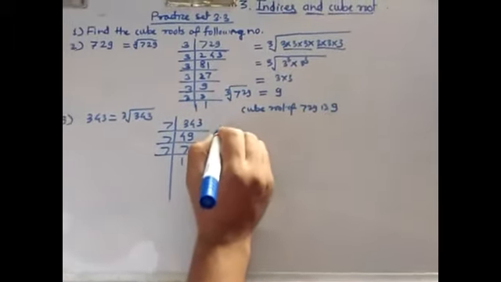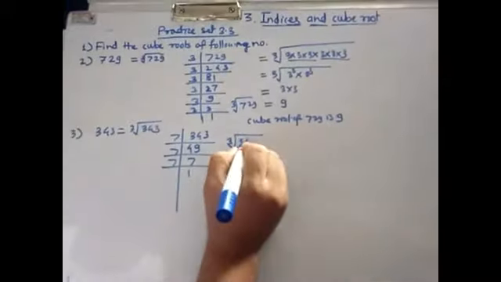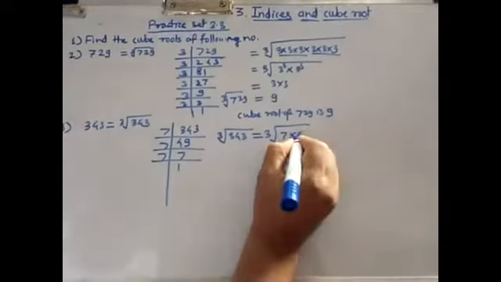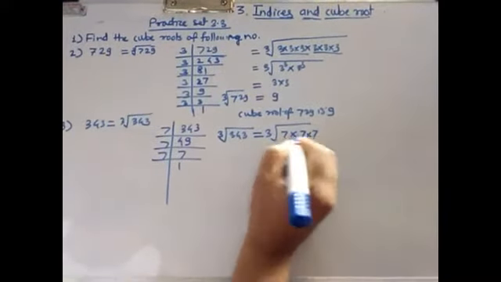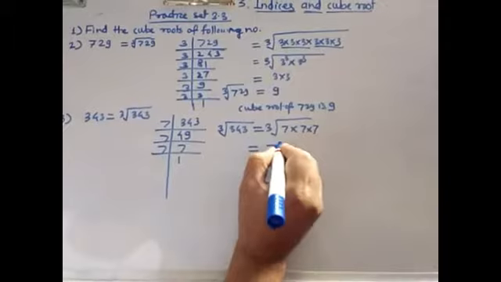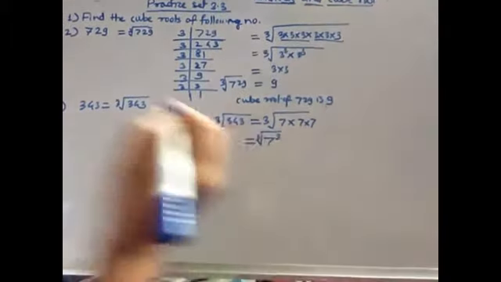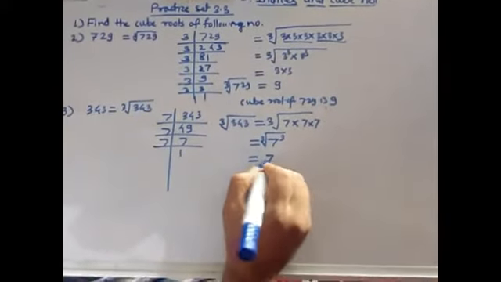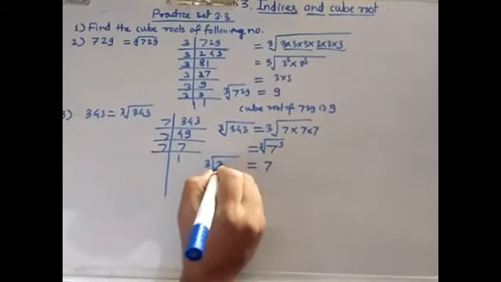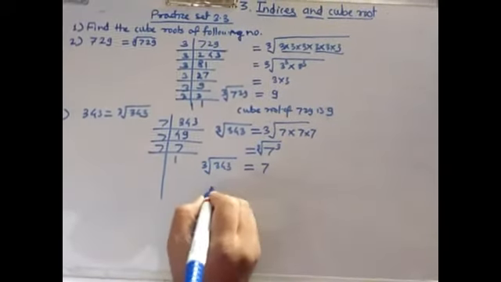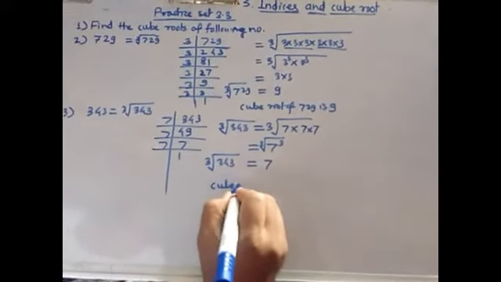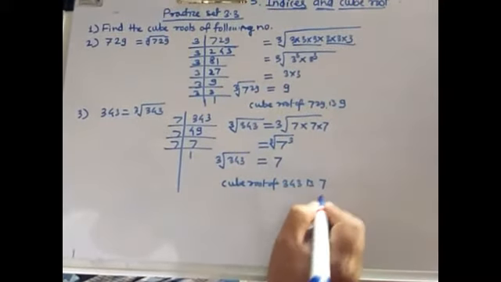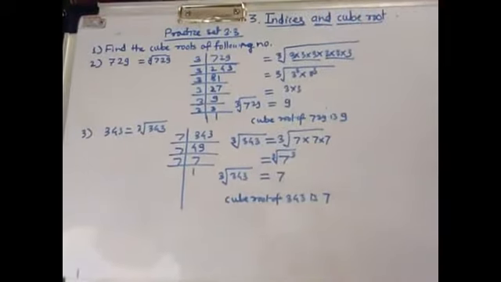Means that the cube root of 343 is the cube root of 7 into 7 into 7, which is the cube root of 7 cubed. The cube and cube root cancel, and the answer is 7. So we write that the cube root of 343 is 7. In this way we solve.